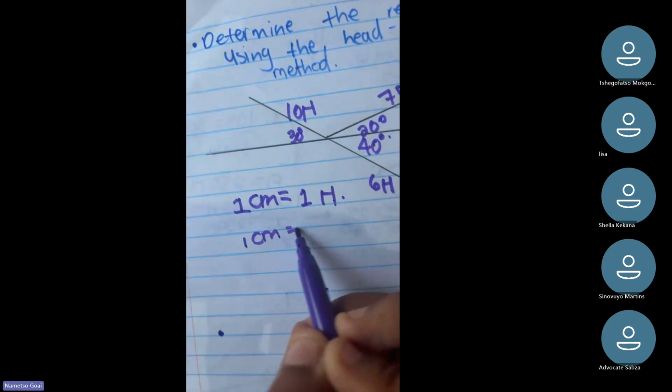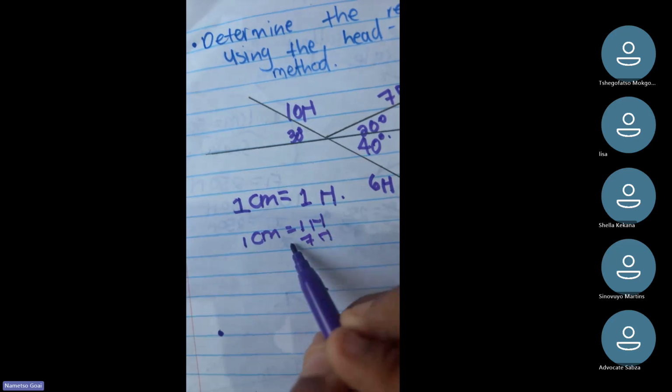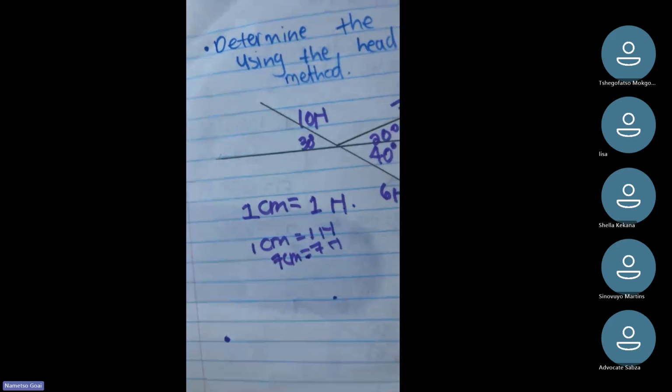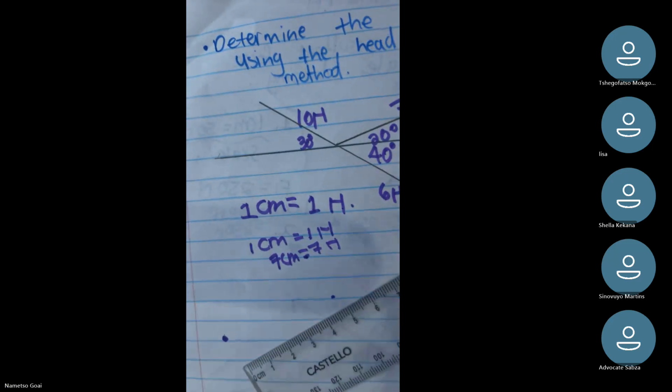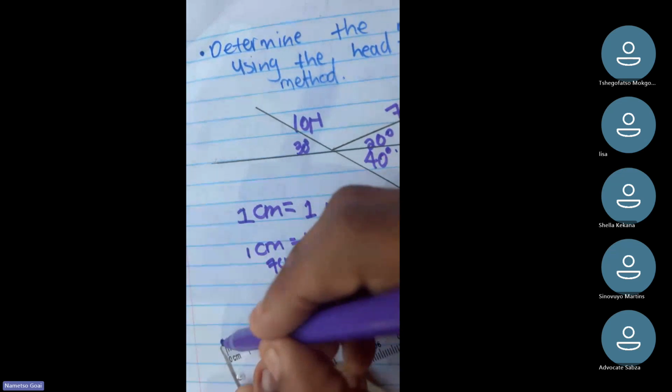Fine. So you have to connect these two dots, but remember we said 1 centimeter equals 1 Newton. And we currently have 7 Newton for our F1, which means 7 Newton will be 7 centimeters. So you go to your ruler, put it here, and join the two dots until it's 7 centimeters.